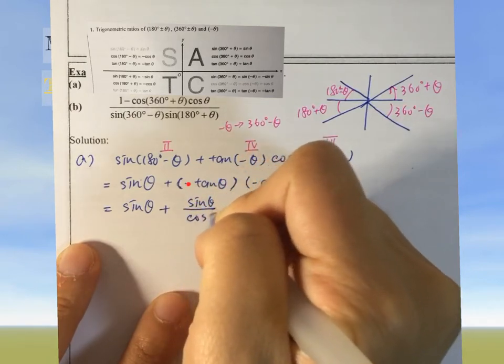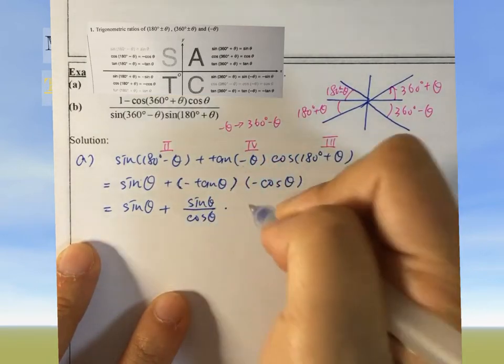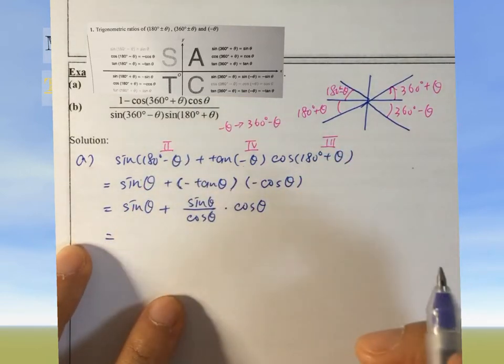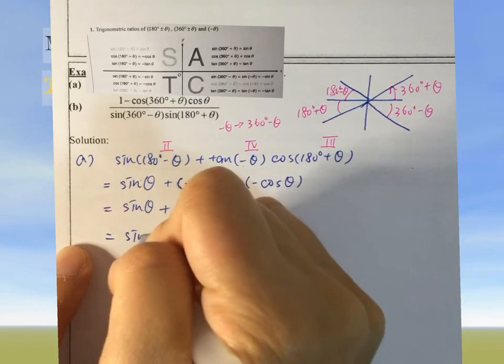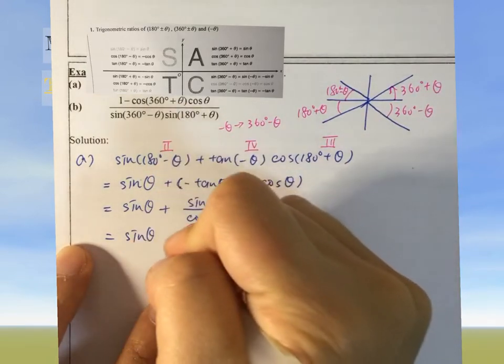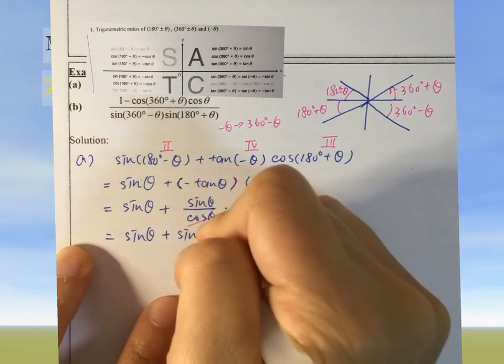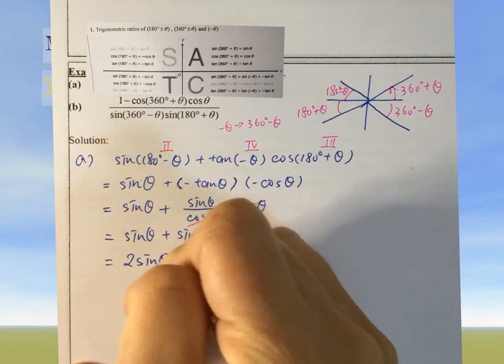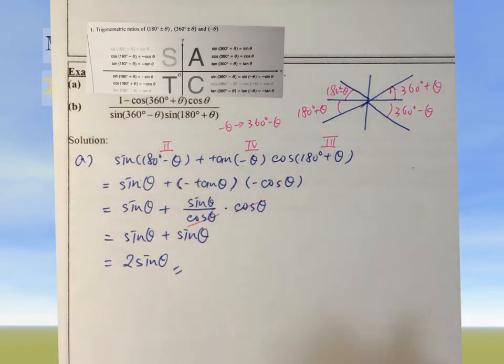Don't forget this is positive after we handle the sine. Because this is an identity which you have learned in form 3. So we cancel the cosine theta, so we will get sine theta plus sine theta. Add it together so we can simplify it. Right?